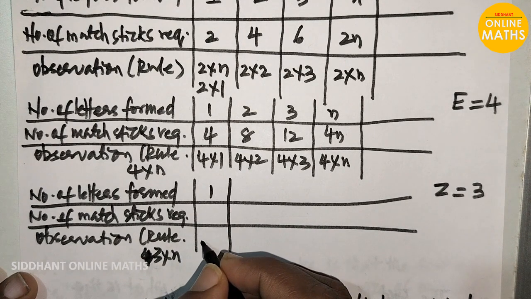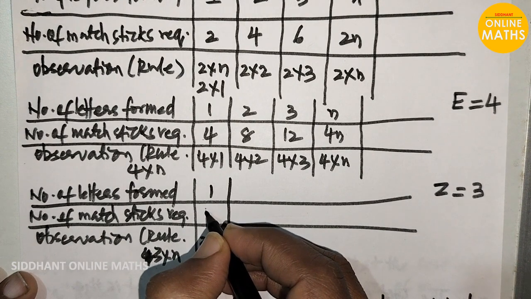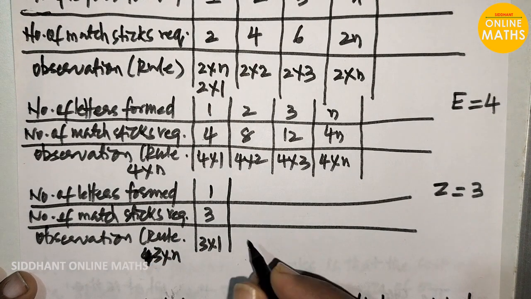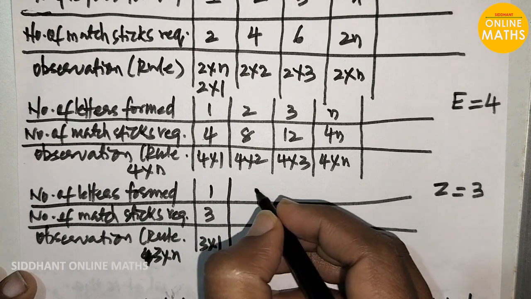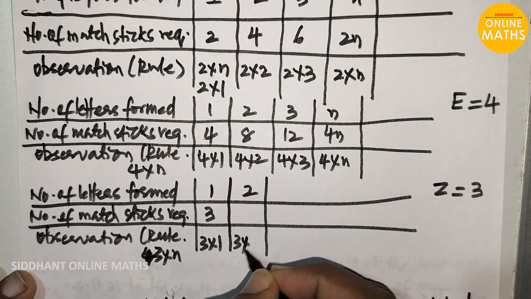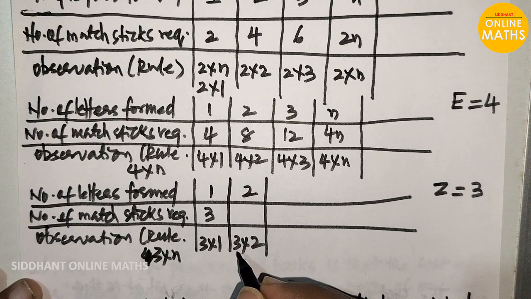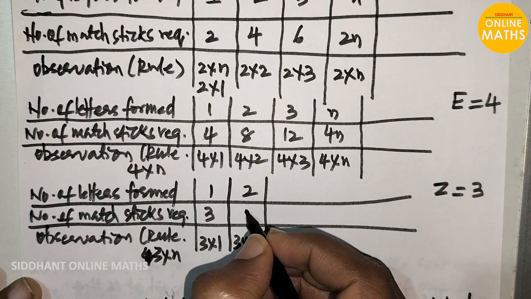So 3 into n means 3 into 1 here. So you will get the number of matchsticks required is 3 here. If you write 2 letters, 3 into 2, the number of matchsticks required will be 6.